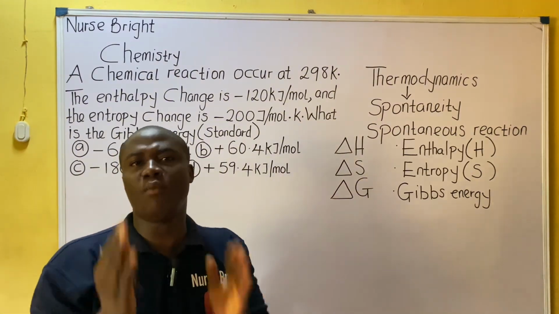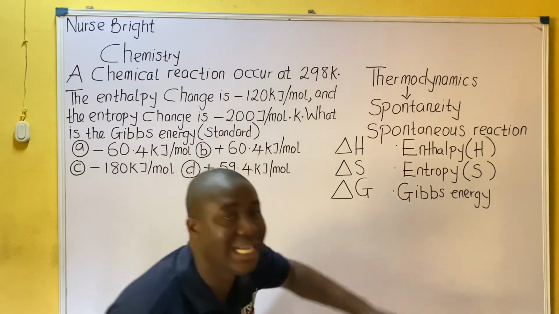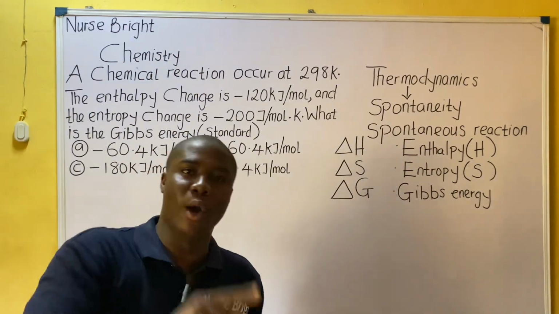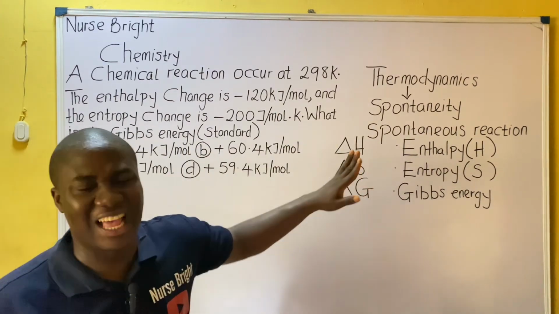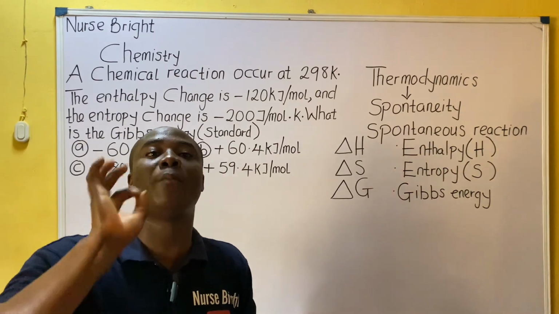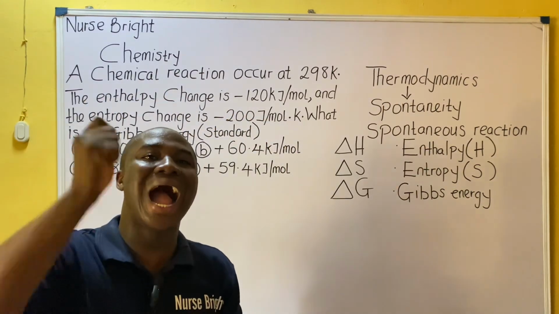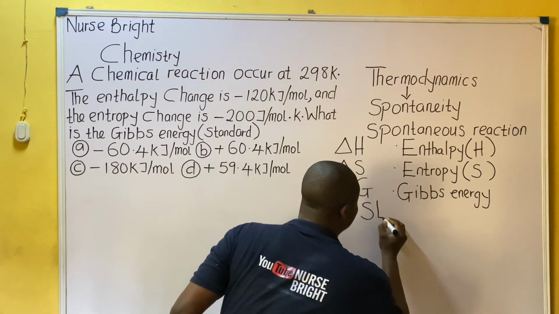All right, guys, moving further. Remember, I told you that all of these are conditions that tell us if a reaction will be spontaneous or not. Now, you must note this. All of these conditions are regarded as one terminology. They are simply called state functions. Please listen very well.